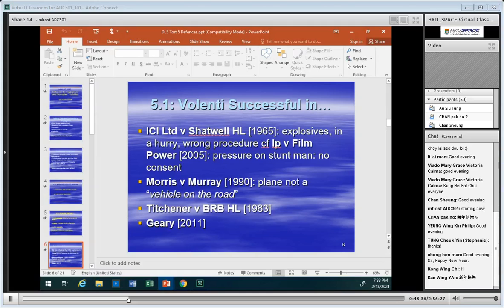The court held that the plaintiff had voluntarily assumed the risk. He had knowledge of the risk because he was in that field. He was an expert in that field. He knew the nature and extent of the risk. He had agreed to it and had acted voluntarily.